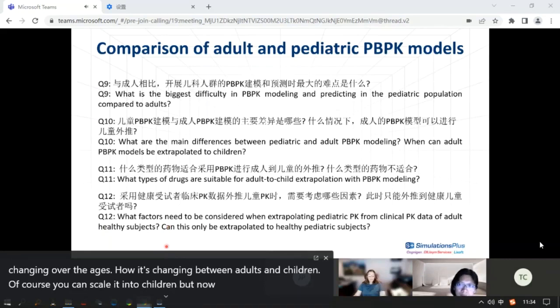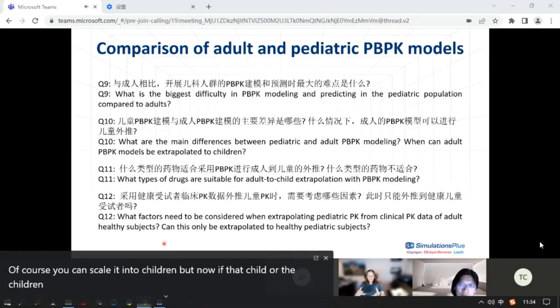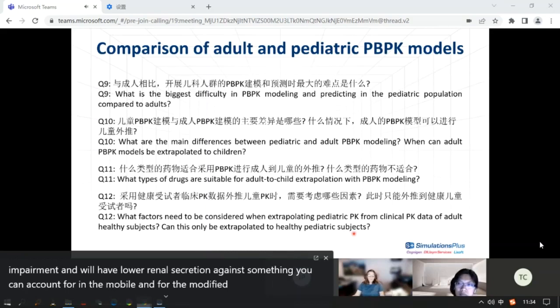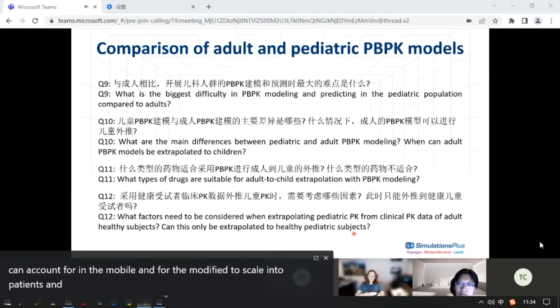But now if the children that you will be treating are also going to have renal impairment and will have lower renal secretion, again, something you can account for in the model and further modify it to scale into patients and not healthy children. So the factors that need to be considered are the physiological differences.